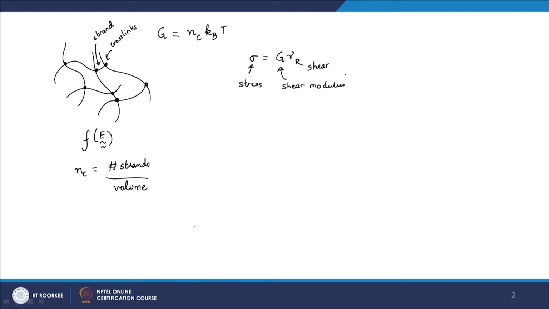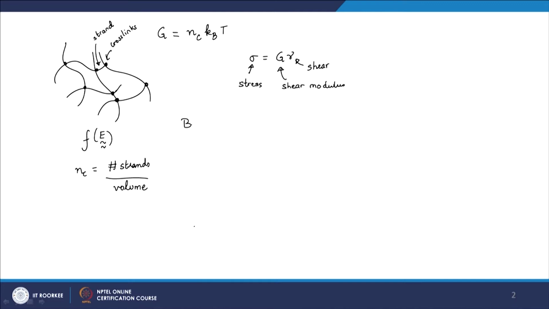So before we go into uniaxial deformations, there is one point I want to make here. If I want to know the magnitude of this shear modulus, how does it compare to other materials, it is useful to look at the bulk modulus of an ideal gas, for example.